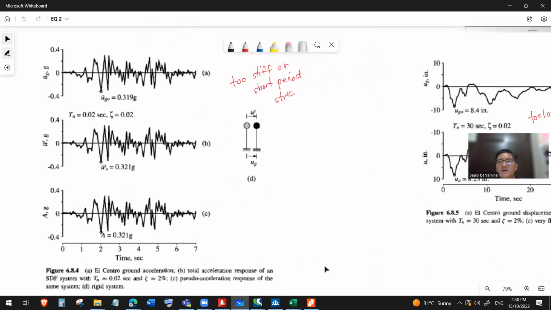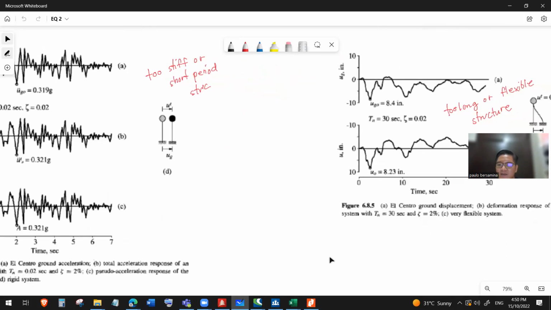And very obvious naman, no, na for let's say mga low PGA, let's say mga 0.0 ganyan, 0.02 G, no? Well, on that scenario, our structure will still behave elastically. Ibig sabihin, hindi kasi ganun kalakas yung force, no, para mag-crack yung mga columns natin and beams.